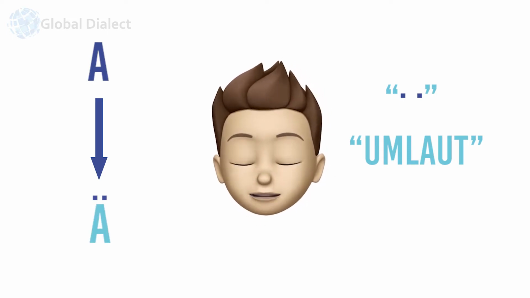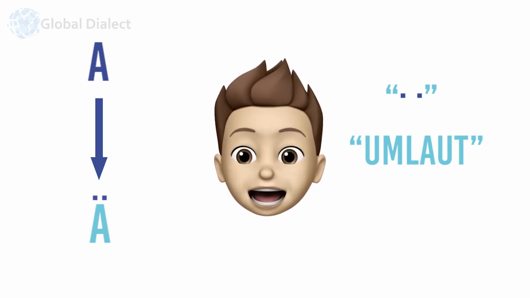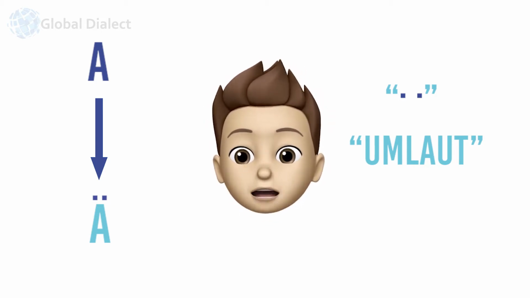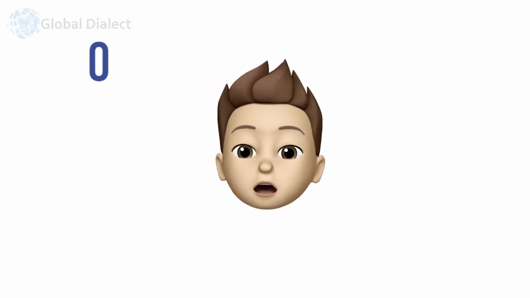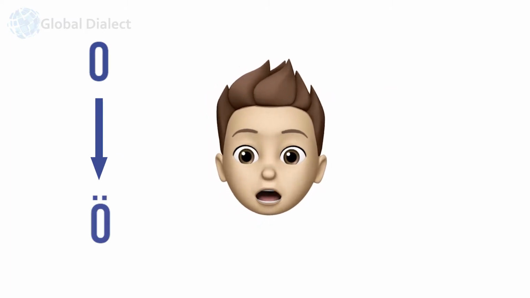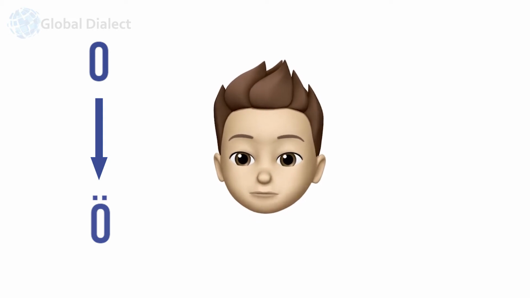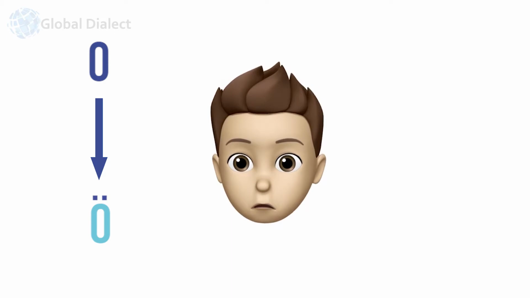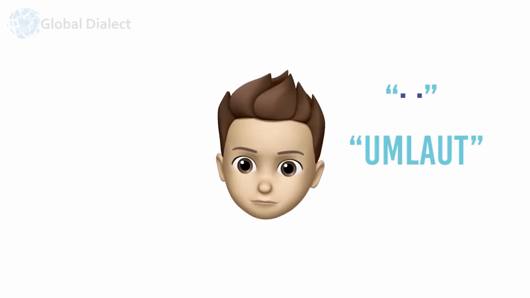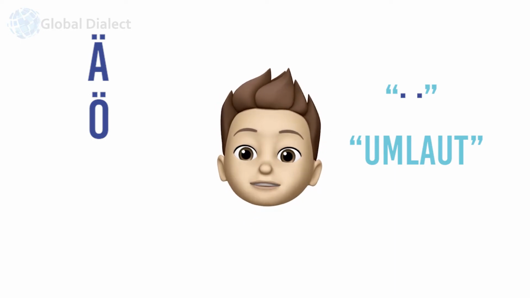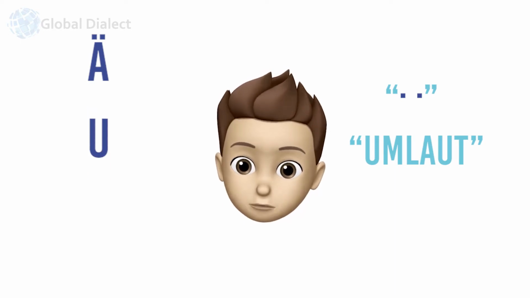So ä with an umlaut will be ay, like we pronounce the letter A in English. So ä with umlaut is ay. ö with umlaut is ew. Now you just have to combine a and o and say it very fast. Ew. That's right. So we have ä, ö, and then u is pronounced as u, like we already know.